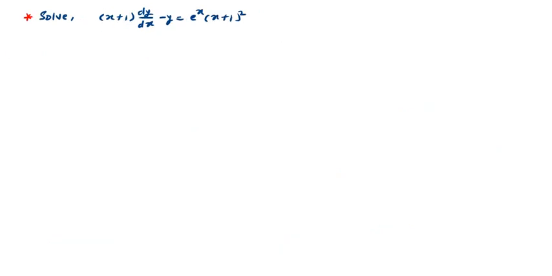Now in the next example, if you observe this example, this is again linear in y. Because why? Firstly, convert this to the standard form, meaning the coefficient of dy by dx should be equal to 1. So divide the whole equation by the coefficient of dy by dx, that is x plus 1. So what we will get?